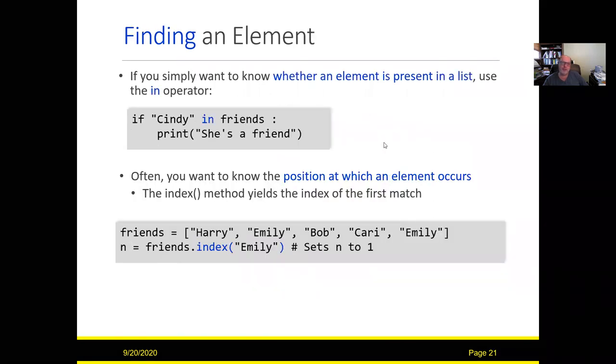So we have some other things for the list. You saw some of them in strings already. So we do have in, which is going to say if this one exists in there. So if Cindy does exist in friend, it's going to return true.